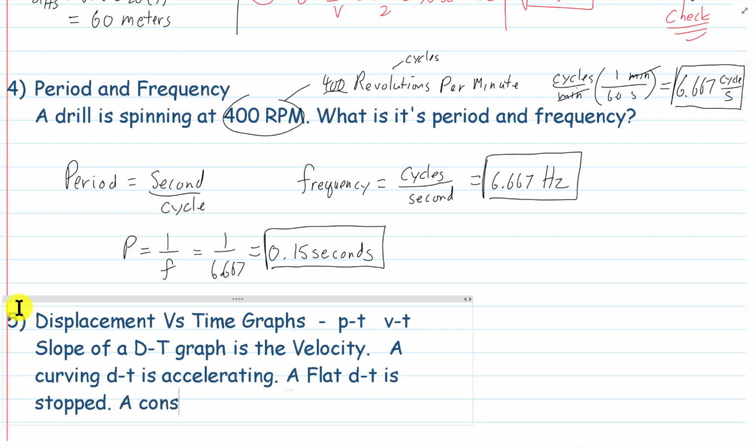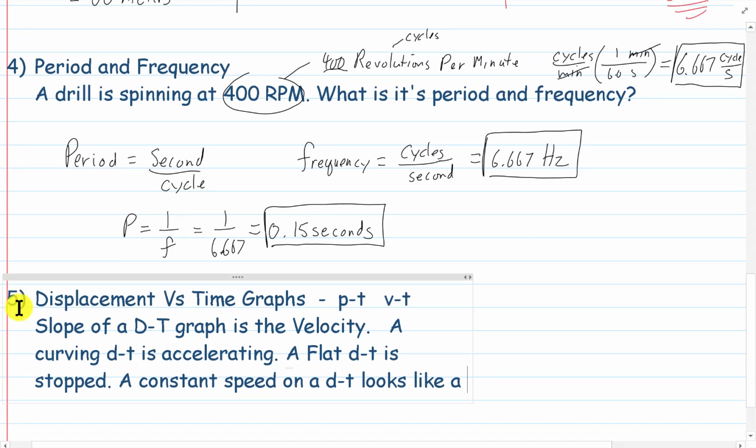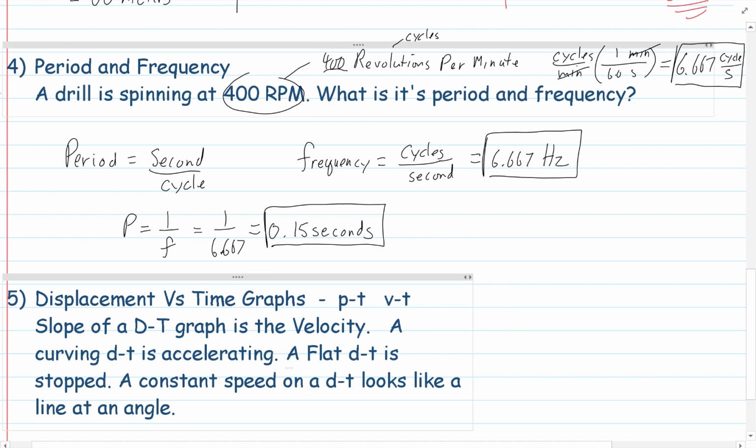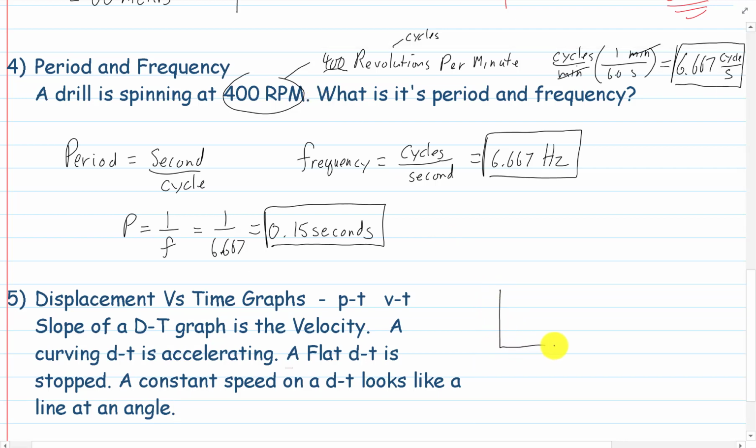A constant speed on a dt graph looks like a line at an angle, kind of like that.